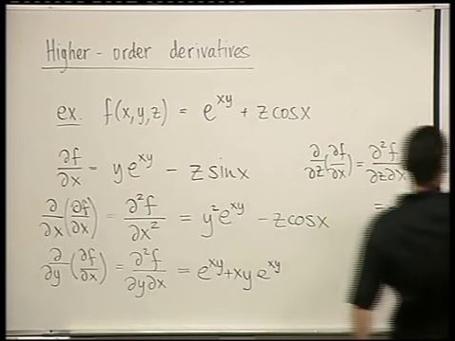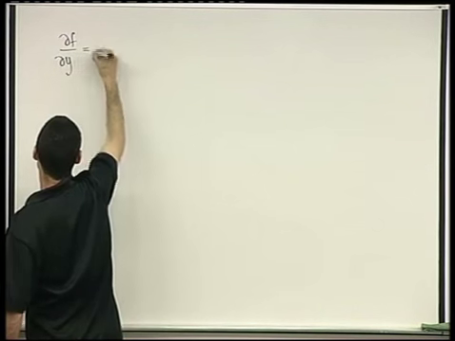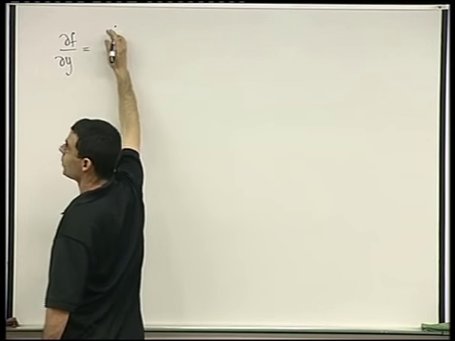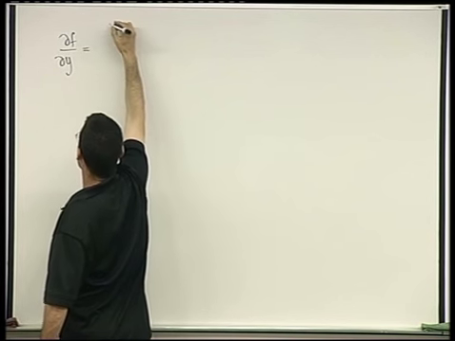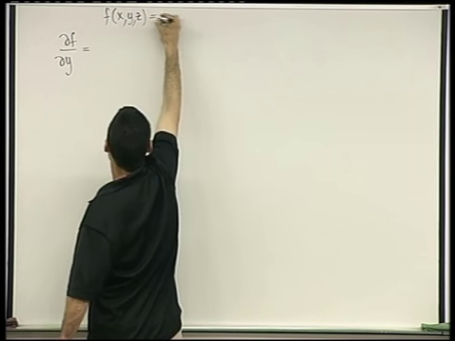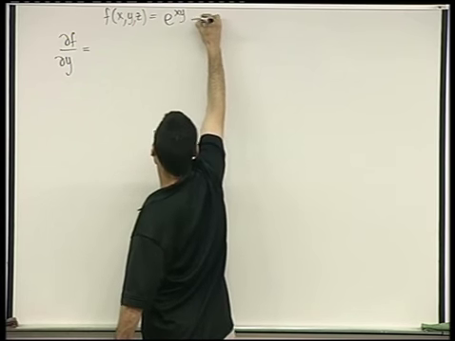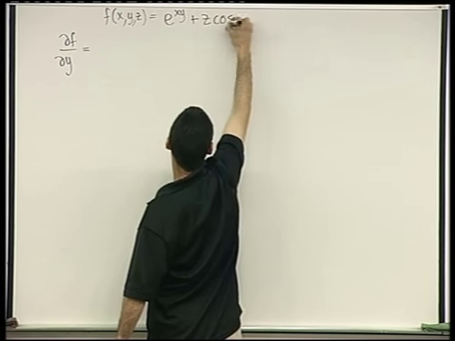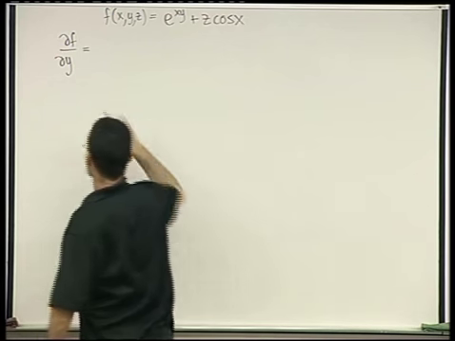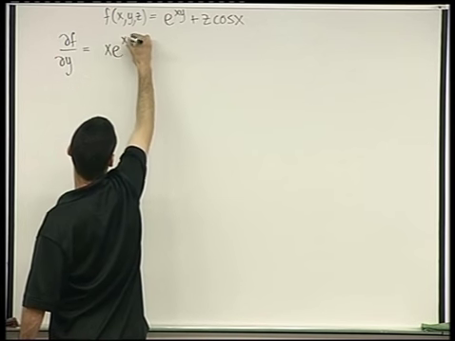So, the derivative of f with respect to y, let's write what f is up here so we don't forget. It was e to the xy plus z cosine of x. So the derivative of f with respect to y is x e to the xy.